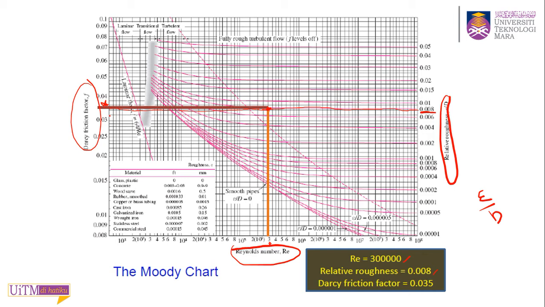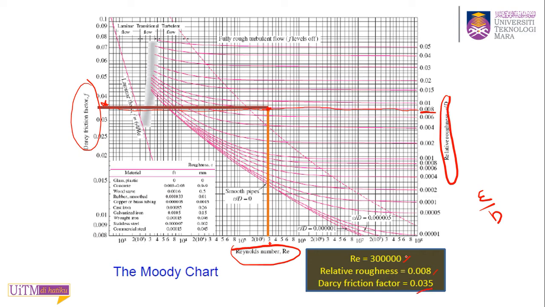There are five divisions, so 0.032, 0.034, 0.036, 0.038 and then 0.04. Your line lies in between 0.036 and 0.034, so that's why it is about 0.035.